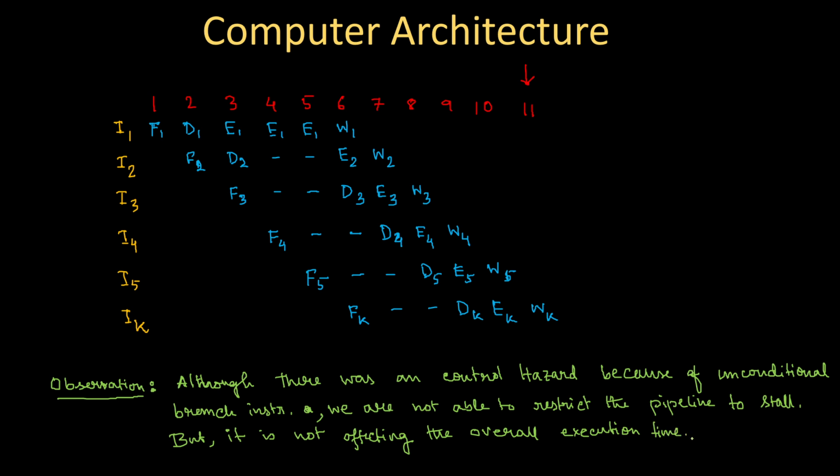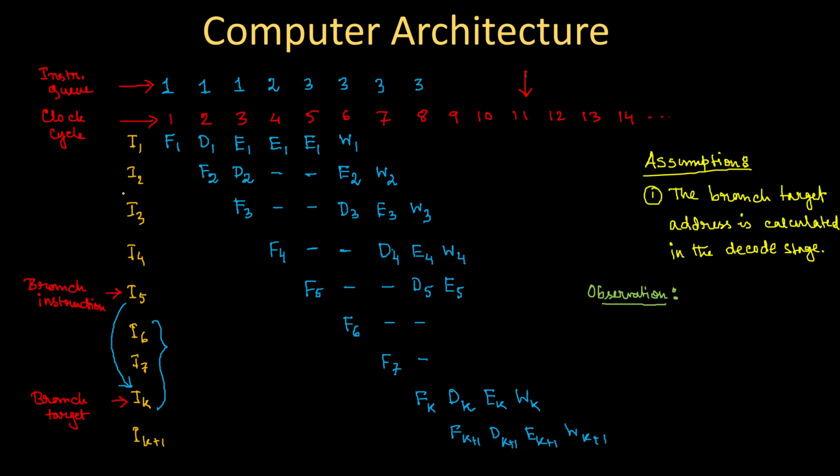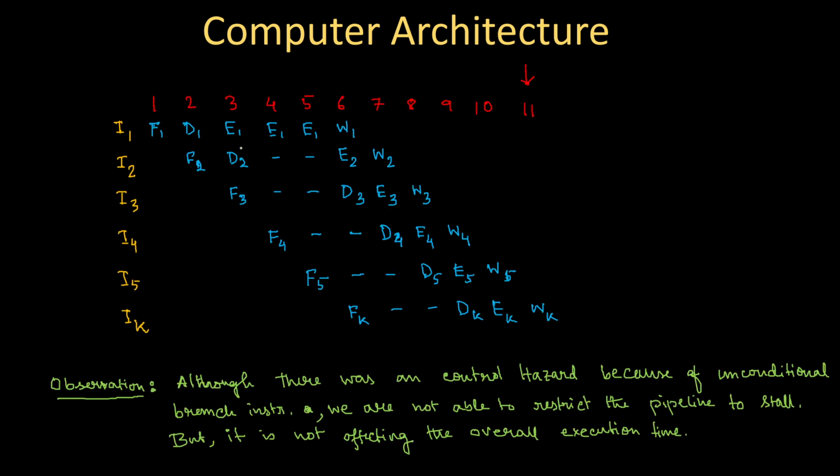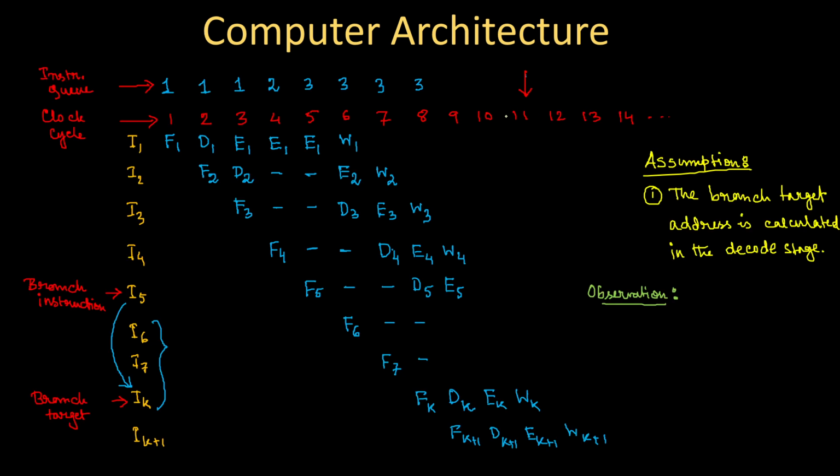Overall execution time means, if we consider the order, actually this is not the order, right? Because the actual order is I1, I2, I3, I4, I5, I6, I7, then IK, or maybe more. But if we forget about I6 and I7 because they are unwanted instructions, then I will see that ultimately I'm getting the result of this branch target address on the 11th clock cycle, which is the same for this case also.